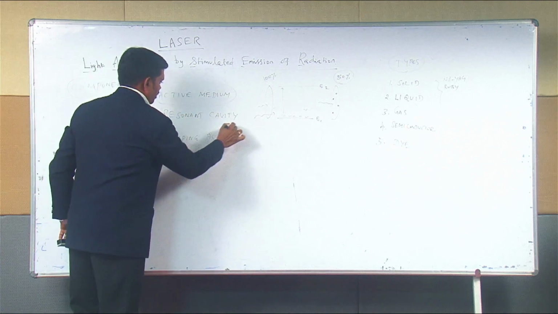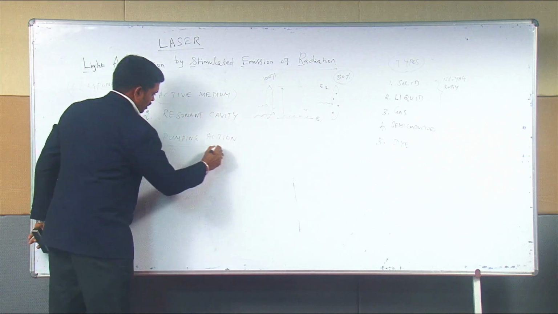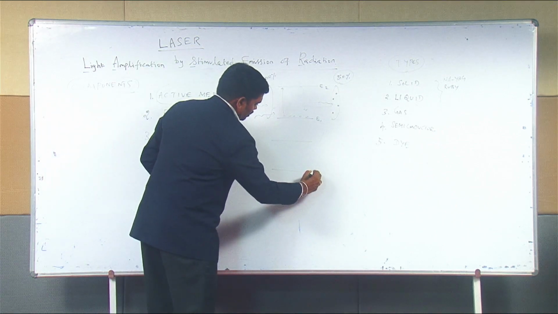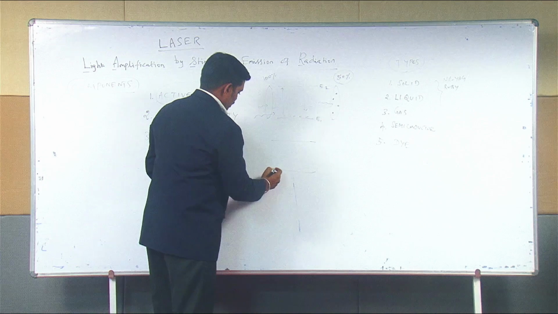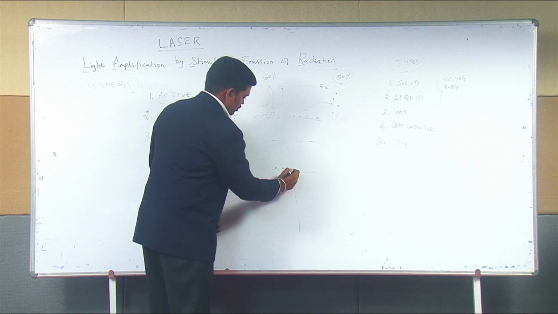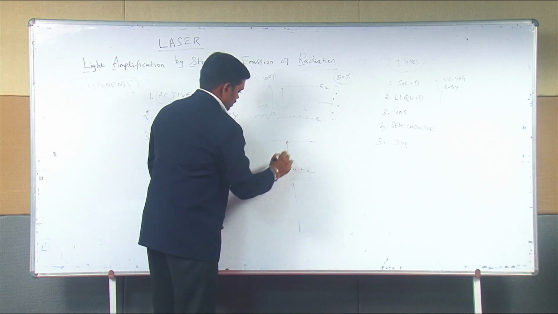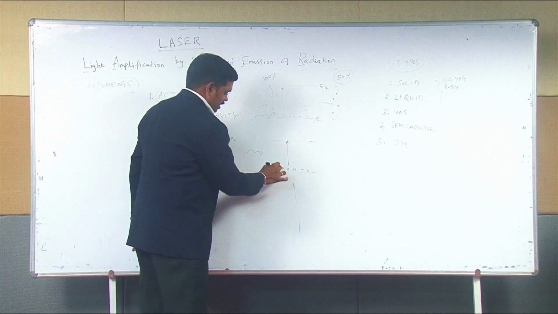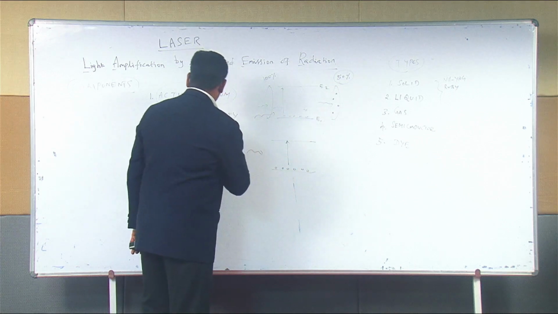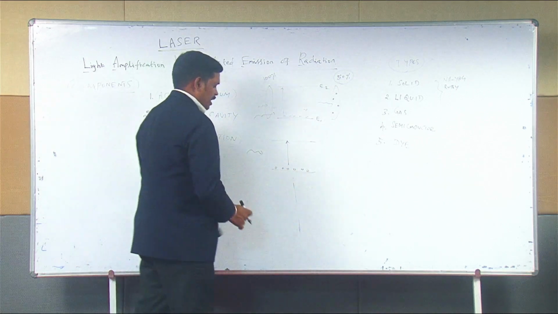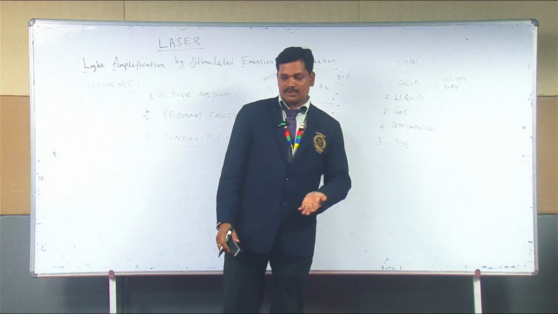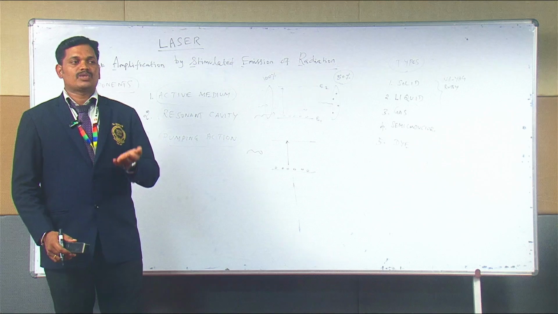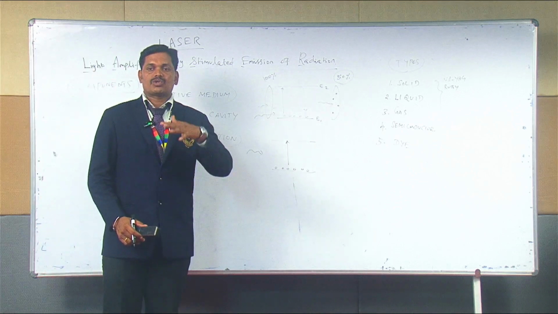And the third important part is pumping action. As we explained in the basic concepts, the atoms or molecules should transit to the excited state by means of some external agency, or we can say we are triggering it. That mechanism is called pumping action. Pumping action is to achieve population inversion, or to excite the atoms or molecules which are in the ground state and do not have sufficient energy to go to the excited state.